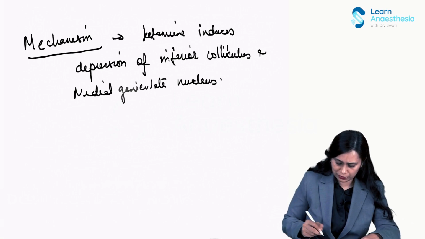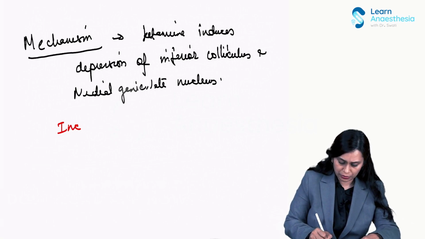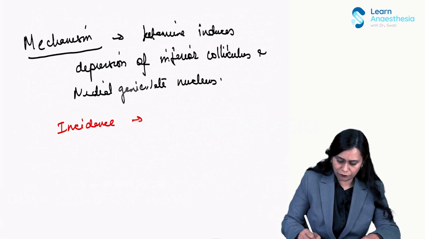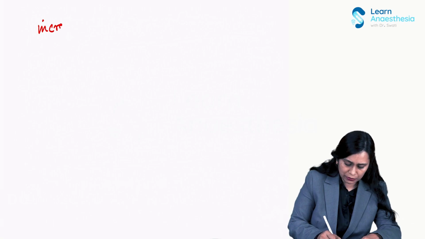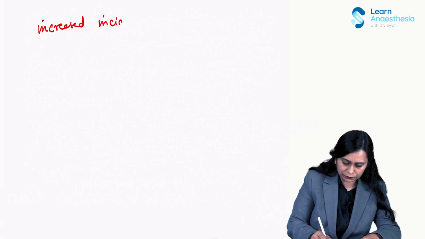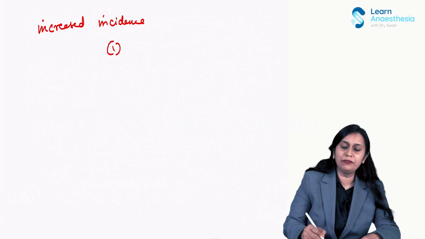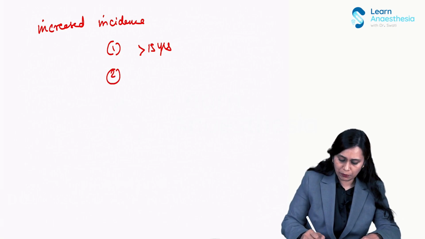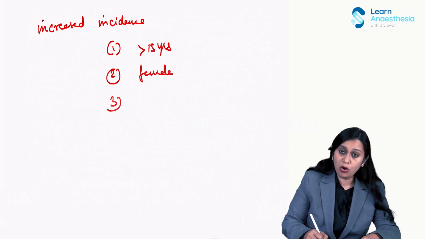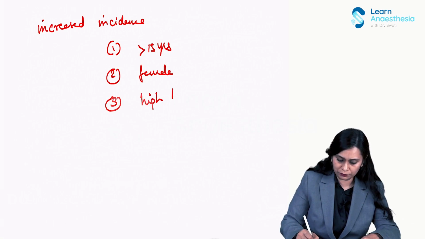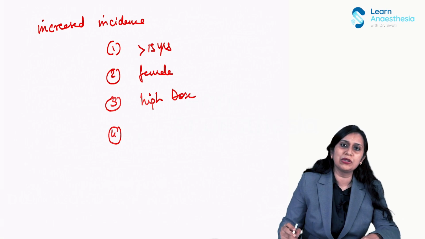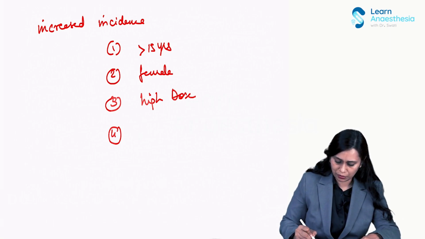The incidence of this emergence delirium is 5% to 30%, and increased incidence has been seen in more than 15 years of age if we give ketamine. I mean, it is less in children, more in adult, more in female compared to male, more on high dose, and more in persons with personality disorders, psychiatric issues.